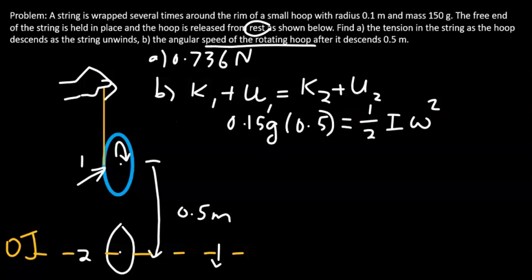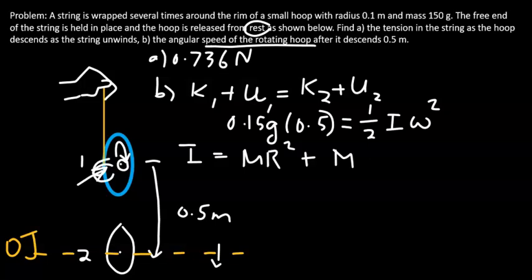Now let's calculate I. I is the moment of inertia about that axis, not about the central axis. So using the parallel axis theorem, the moment of inertia about the rim is the moment of inertia through the center, which is the mass times the square of the radius, plus the mass times the square of the distance between the old axis that passes through the center of mass and the new axis.